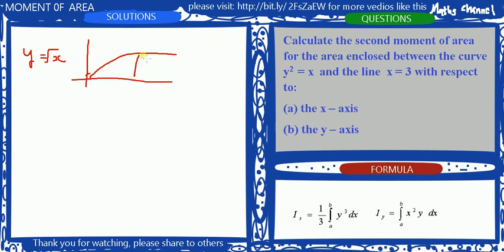So we'll have a strip like this, with the limit 3, and your strip will be here, dx. This is the y-axis and the x-axis, and this is the strip.